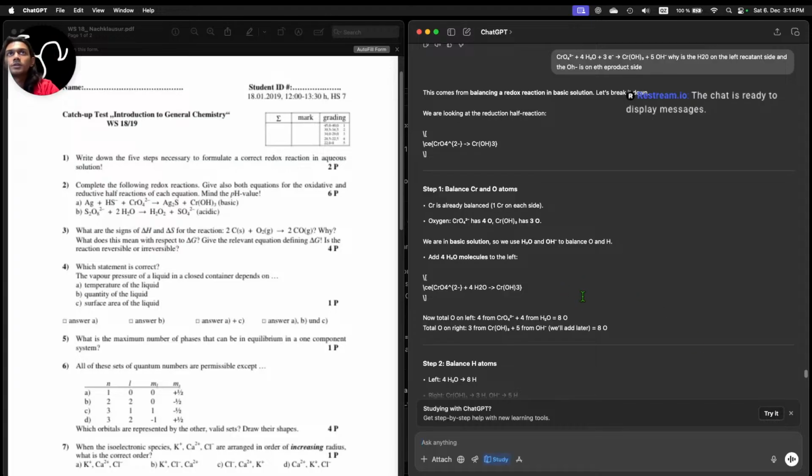We're looking at the reduction half reaction, CrO4 2 minus. Yeah, Cr is already balanced. Oxygen has 4 O, 3 O. We're in a basic solution, so we're using H2O and OH minus.